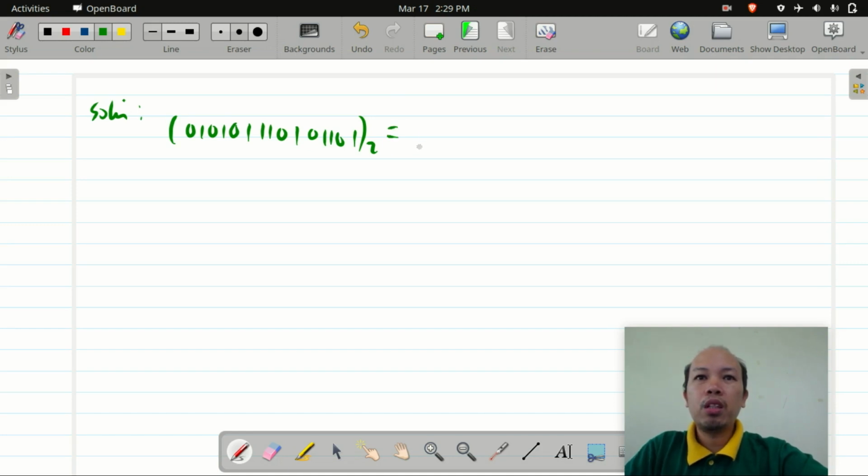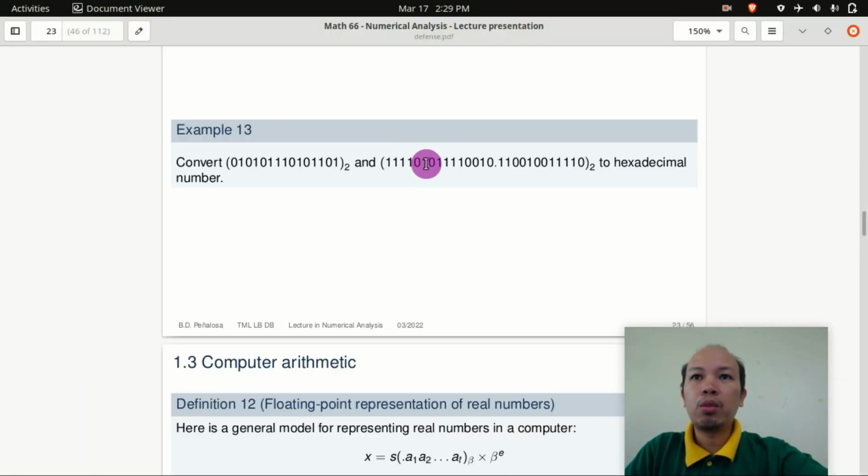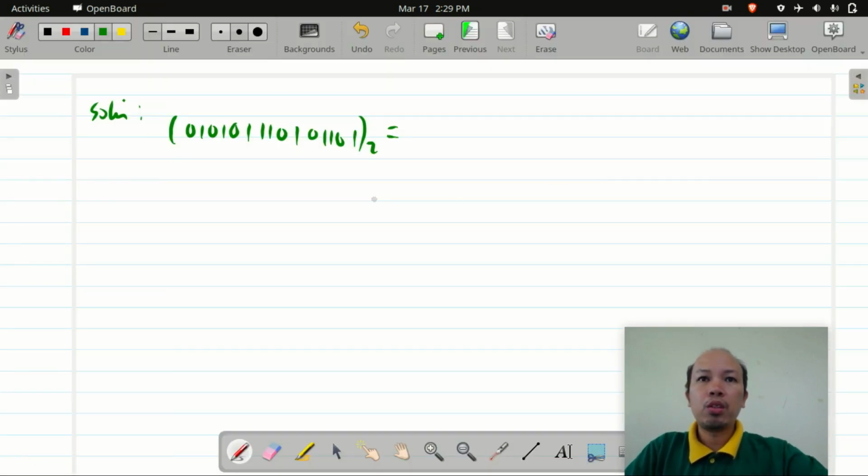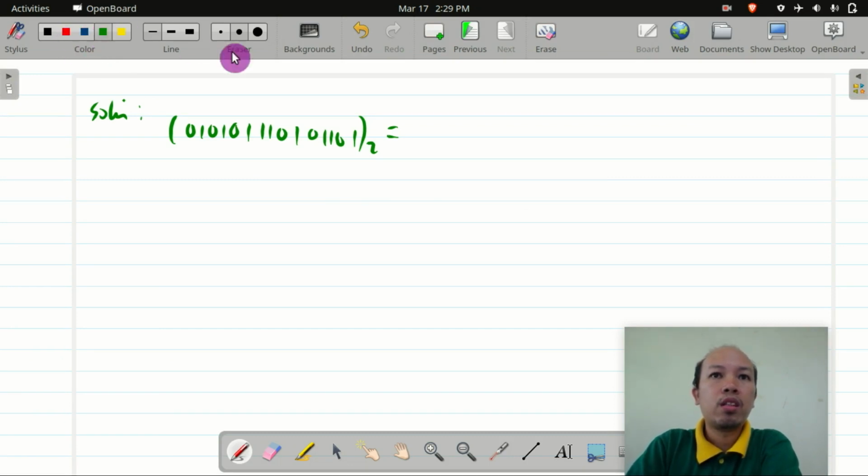If you are going to convert it to a hexadecimal number, you have to group it into 4. Let's try this color, the red one.